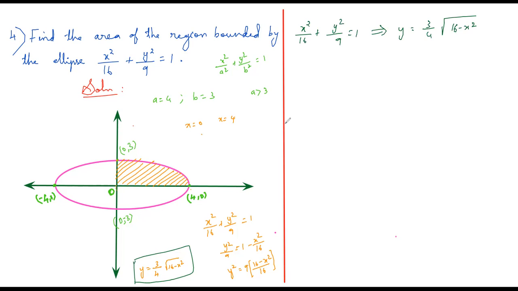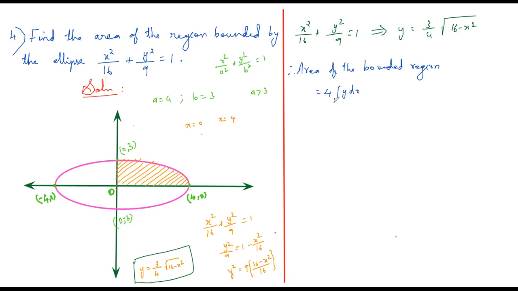The curve is symmetrical about both the axes. Therefore, the area of the bounded region is equal to 4 times integral y dx.